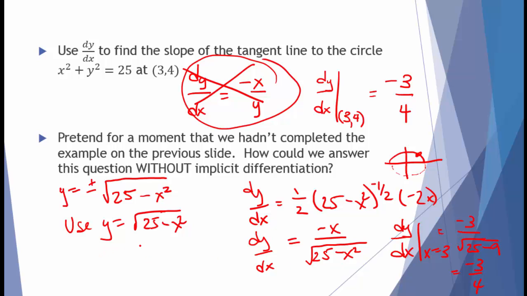But remember what y was? How did we get that? y was the square root of 25 minus x squared. So when you're using implicit differentiation, whether or not you know what y's explicit definition is, you're still able to take its derivative. Hopefully that illustrates the general idea of implicit differentiation.